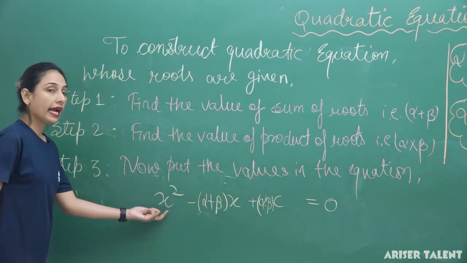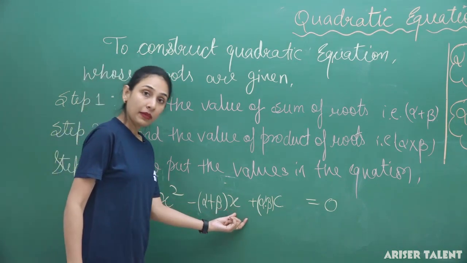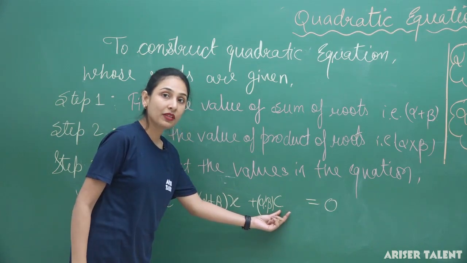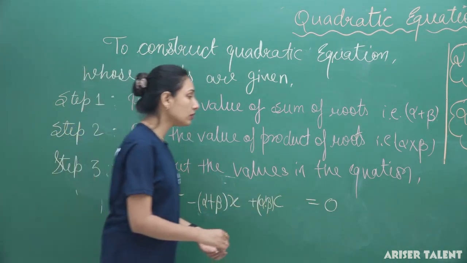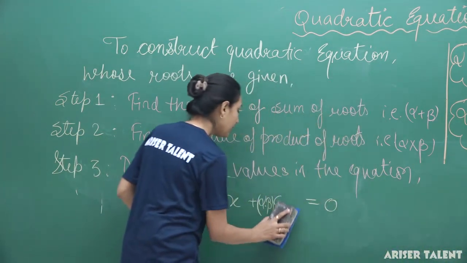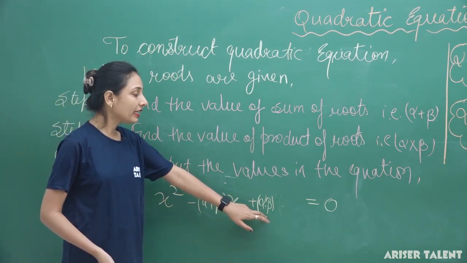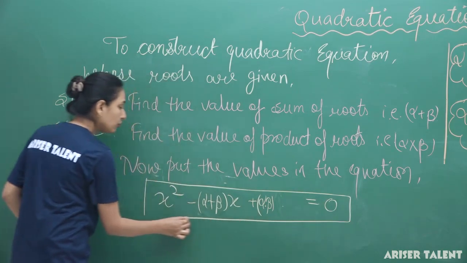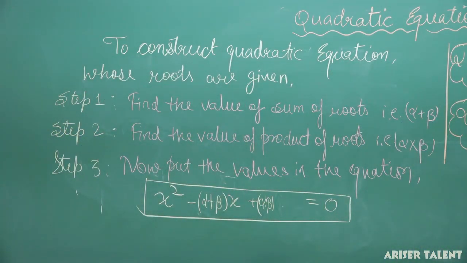What you have done is x square minus the summation of roots multiplied by x plus alpha beta, the constant, equals 0, and the constant is nothing but alpha multiplied by beta. So in this equation we have to put the values. Note these 3 steps and then we will go with the questions.